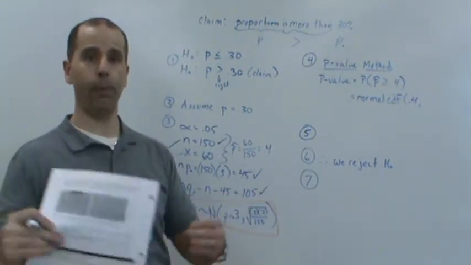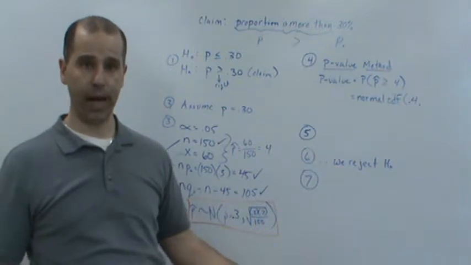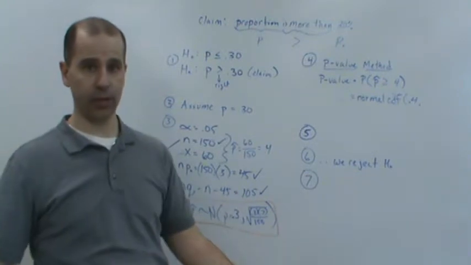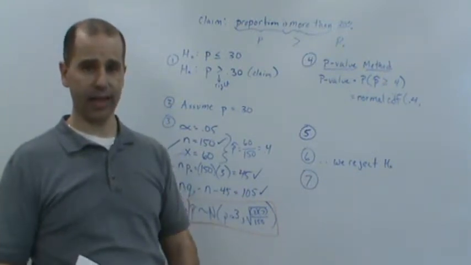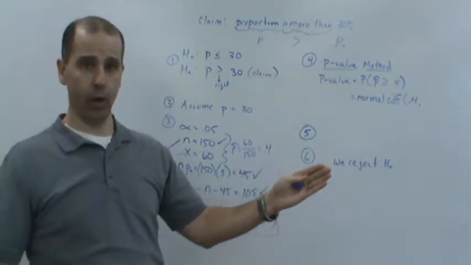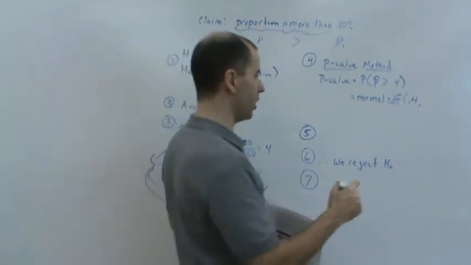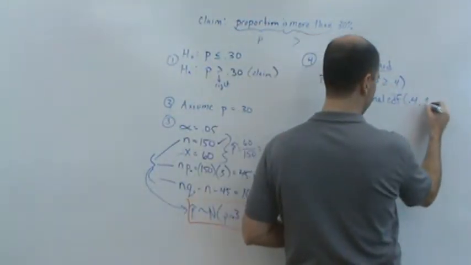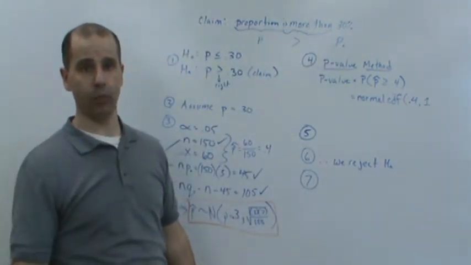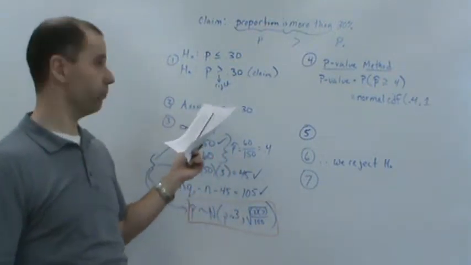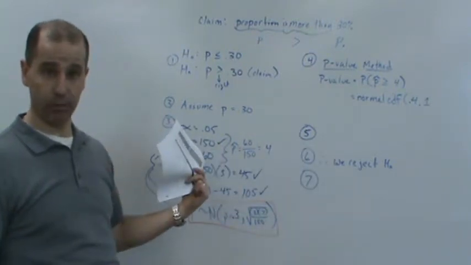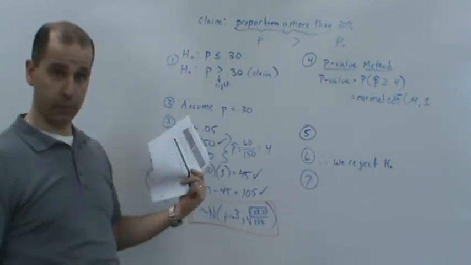If you think of a whole pie, what's the largest percentage of the pie you can eat? 100%, right? You can't eat 150% of the pie. So we're looking at any number between 0 and 1. The largest that this p hat will be is 1. So for greater than, when you're dealing with proportions, your upper bound will always be 1. If it's a left-tailed test, then your lower bound will always be 0, because that's the smallest proportion of something you can have.